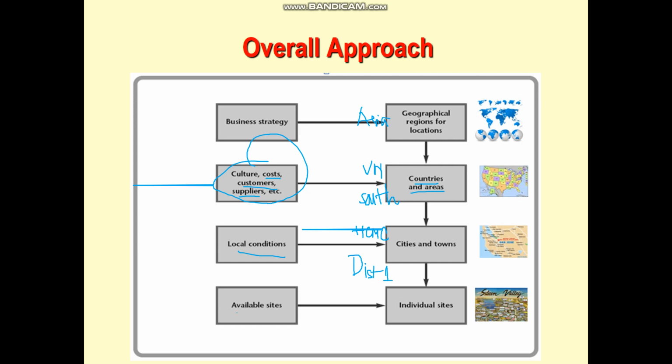Then based on the available size, the company will determine the individual site, a specific site, for example, on Bùi Viện Street. That is the overall approach to choose the geographic regions.